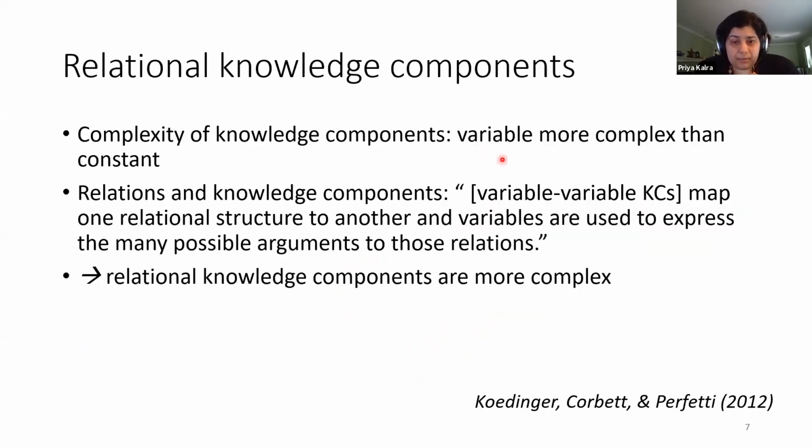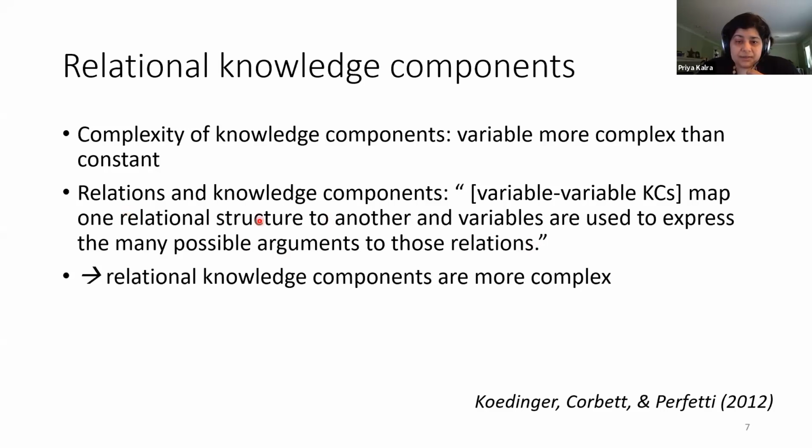So in the original paper, they do touch on the issue of complexity a little bit, and they state that variable condition knowledge components are more complex than constant condition knowledge components, and that in particular the variable type of knowledge components in their taxonomy map one relational structure to another, and variables are used to express the many possible arguments to those relations.